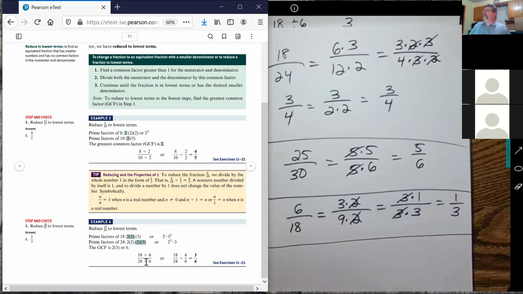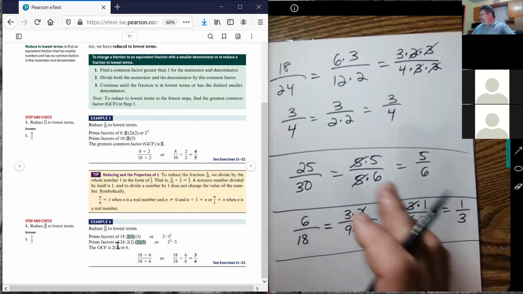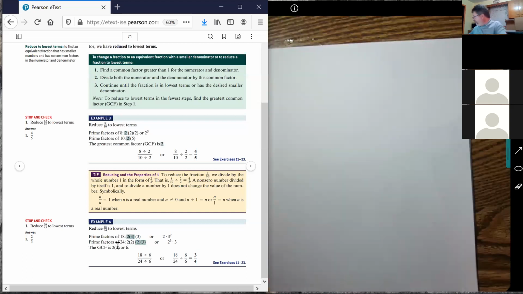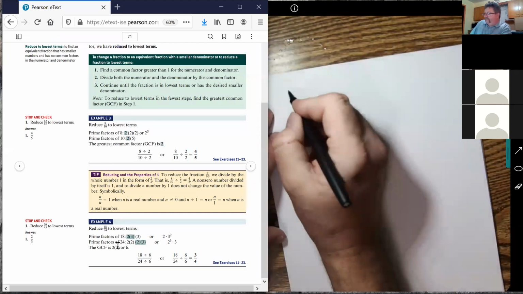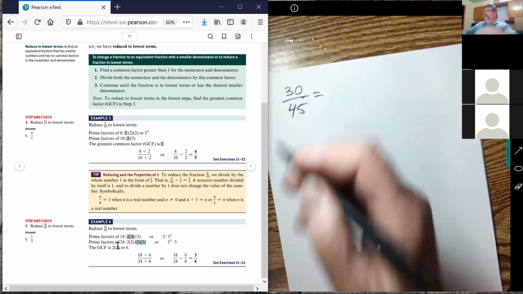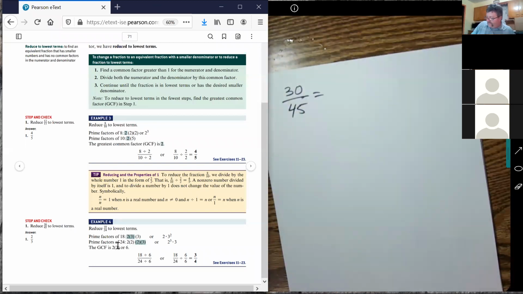Okay, so where the heck were we? It was example 4. I think I snuck a couple extra things in there. That stop check in the margin says 30 over 45. Again, we could do the prime factorization of both and find the greatest common factor and then divide through by it, or we could just think about it.